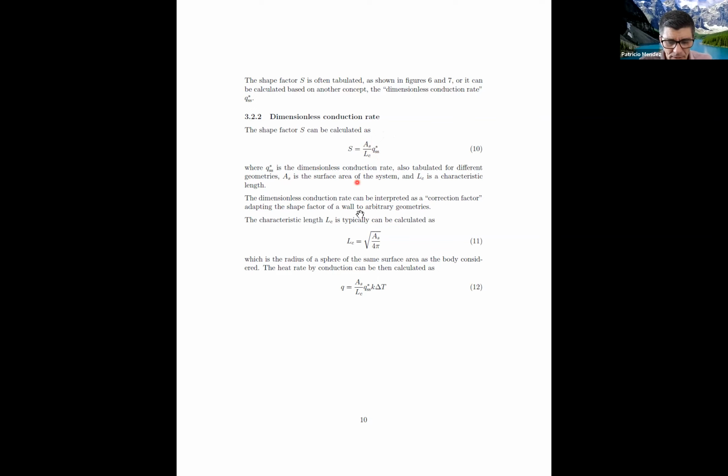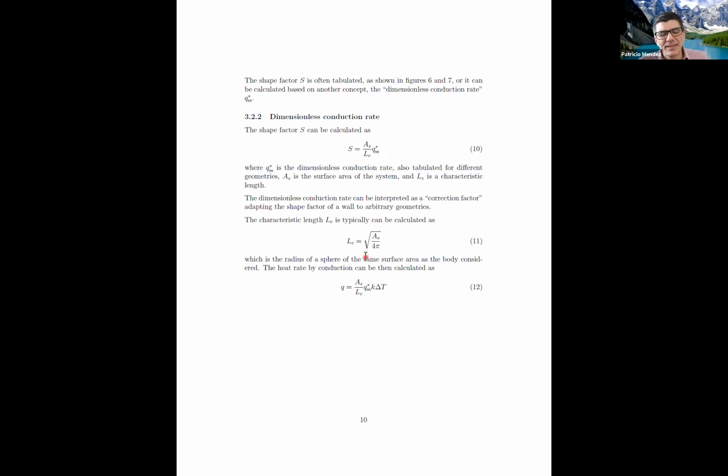How do we calculate the characteristic length? We are going to typically use this value, and unless somebody explicitly says the opposite, this is what we are always going to use, and this is what anybody typically uses. Characteristic length is the square root of area over 4 pi. Why? Well, if we're talking about a sphere, the characteristic length would be the radius of the sphere.